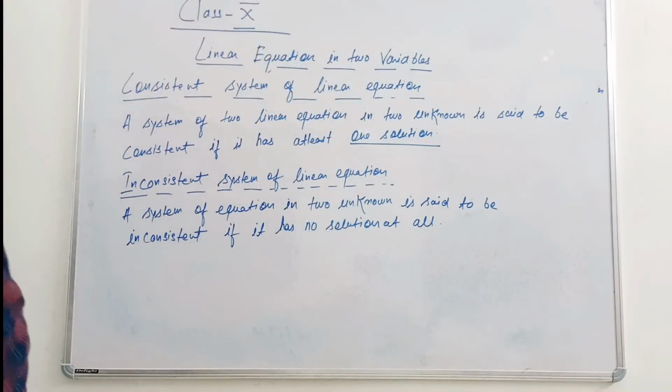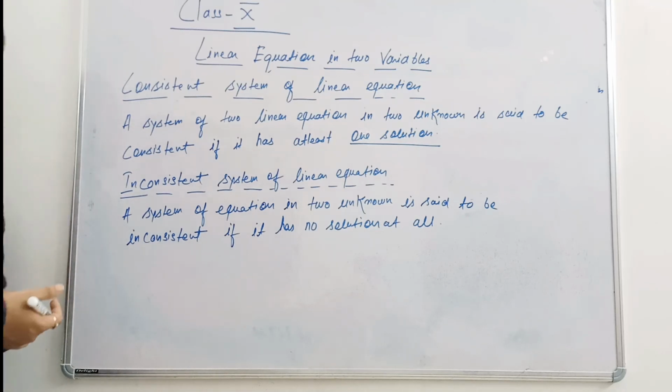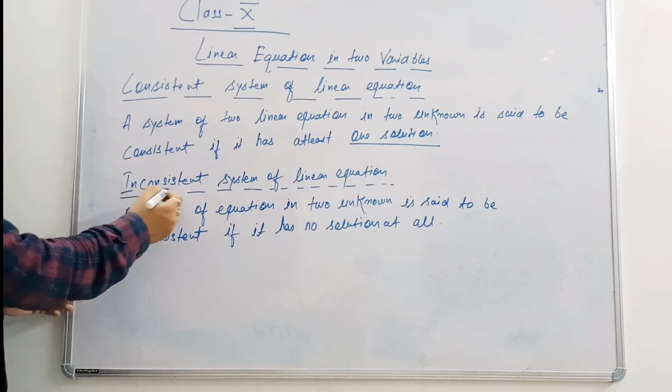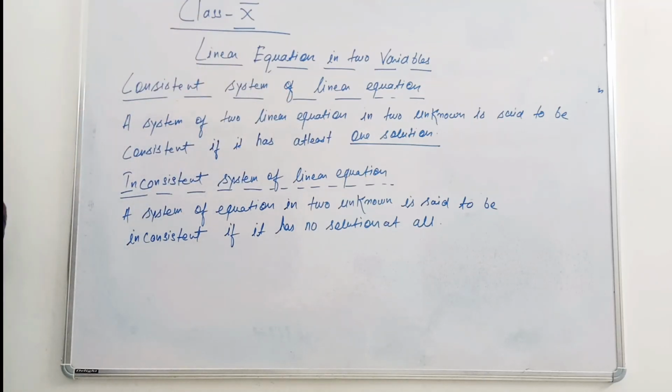Suppose you solve a pair of equations and you don't get any solution, then we say it is an inconsistent linear equation. I hope this is clear to you.